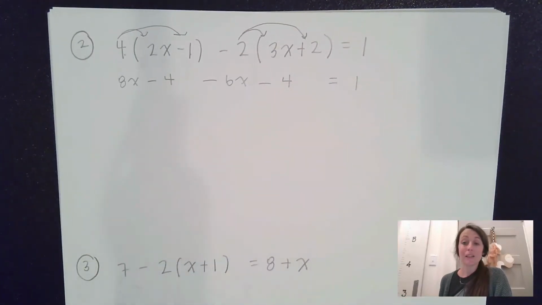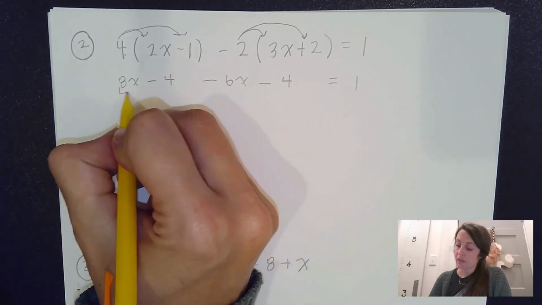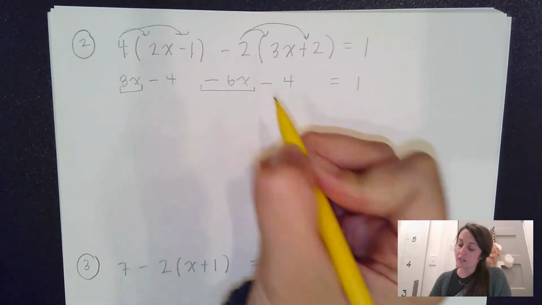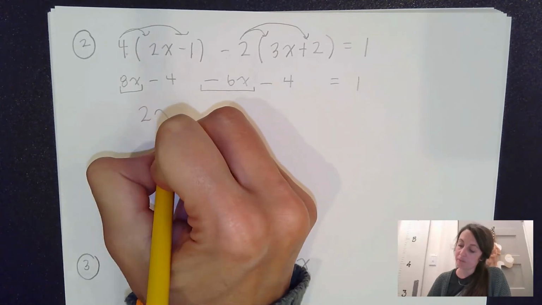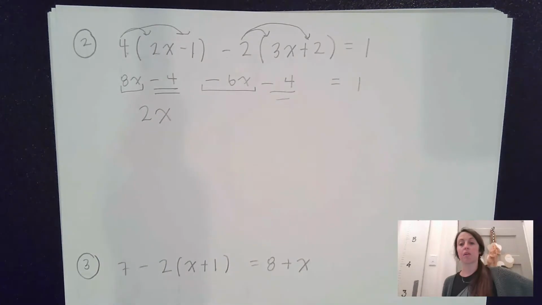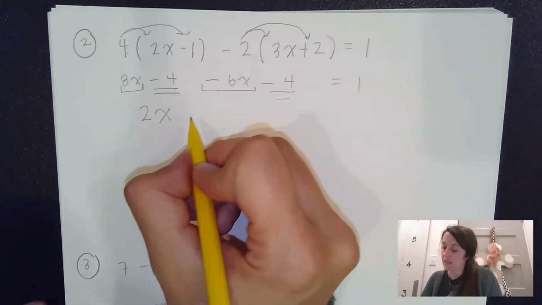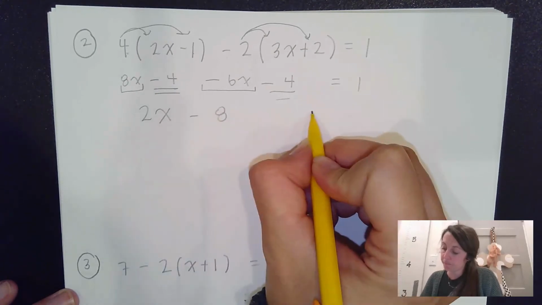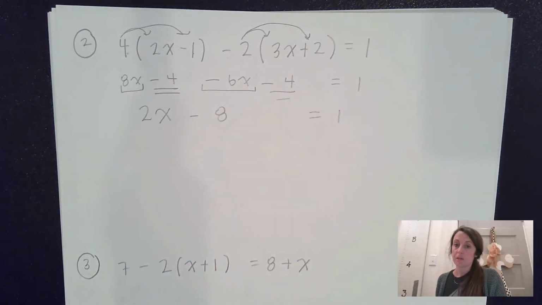Now I'm going to combine like terms on the same side of the equation. So I've got 8x minus 6x, which is a 2x. I've got negative 4 minus 4 here, which is going to be a negative 8. So I'm going to have 2x minus 8 is equal to 1.